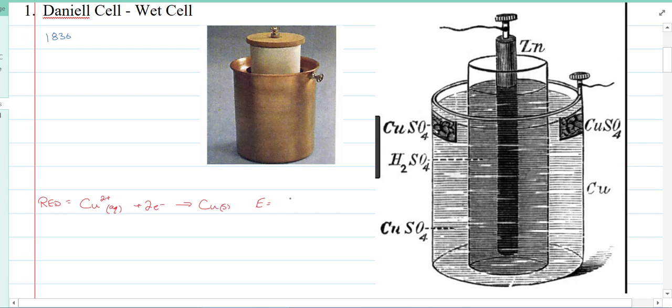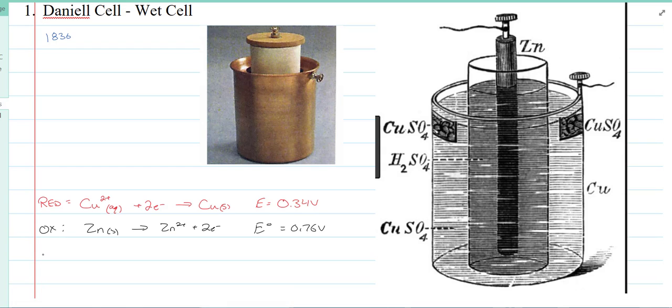And that, of course, is what? 0.34 volts. And then the oxidation was zinc solid going to zinc 2 plus, plus 2 electrons. And that standard reduction potential is 0.76 volts.